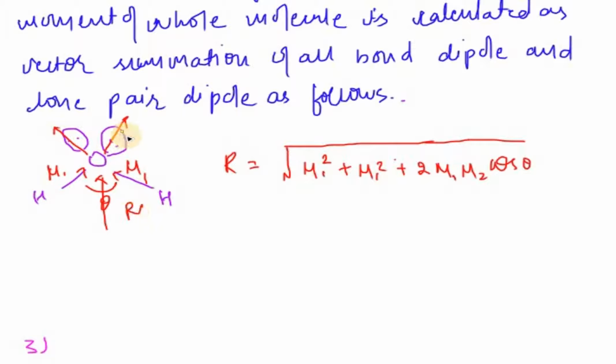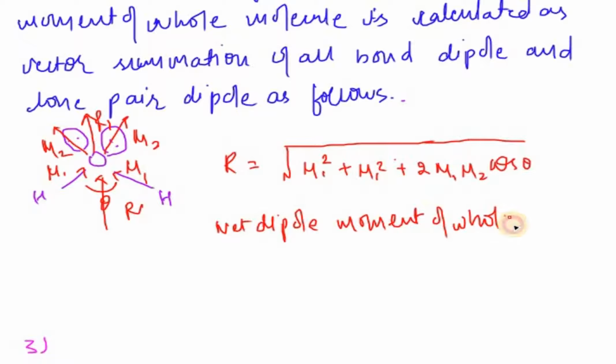Here also it is mu2, with the direction towards this, and let's say it is r dash. So the net dipole moment of the whole molecule will be r plus r dash.